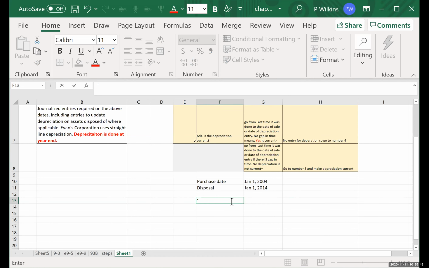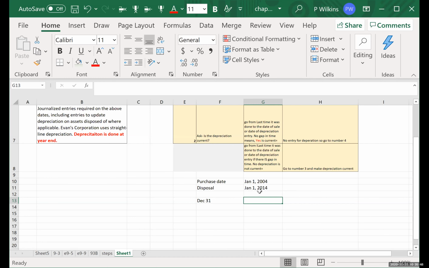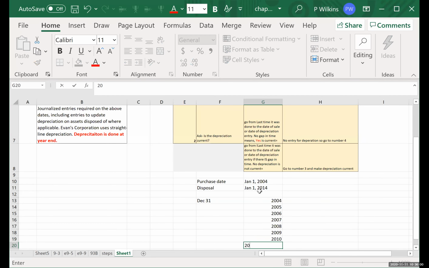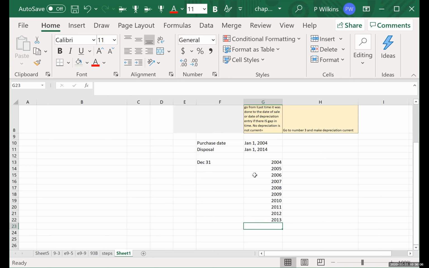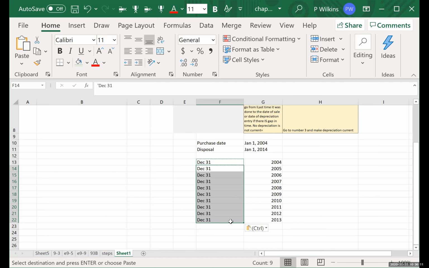It's done on December 31, and it was done in the year 2004, the year we bought it, 2005, 2006, 2007, 2008, 2009, 2010, 2011, 2012, 2013. So it was done on December 31, all these years. And the last time it was done was December 31, 2013.